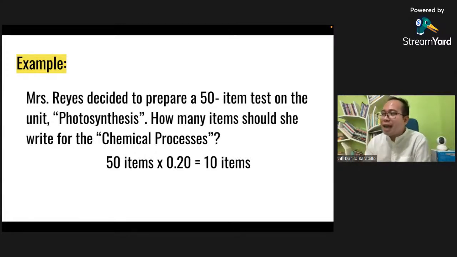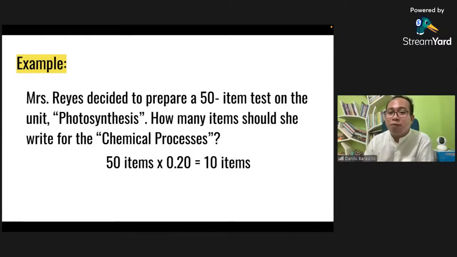Now, from the 10 items, you have to decide what kind of assessment would fit. Okay, because multiple choice cannot fit all. You have to remember that, and we all know that. And even when you have already decided, you have to take note that these items should also contain Bloom's taxonomy, because that's also very important.